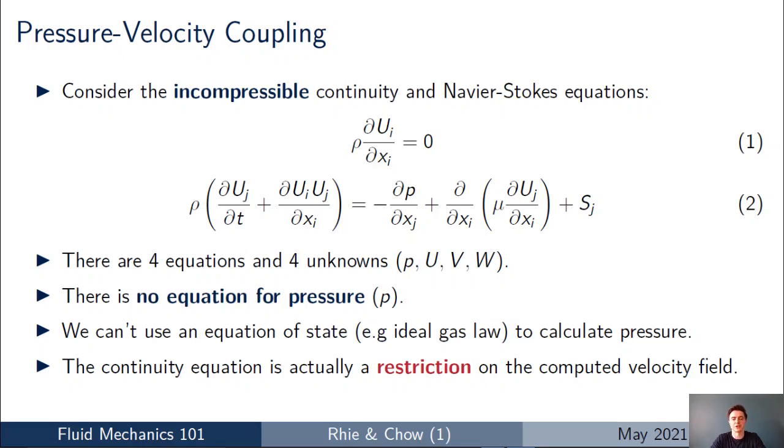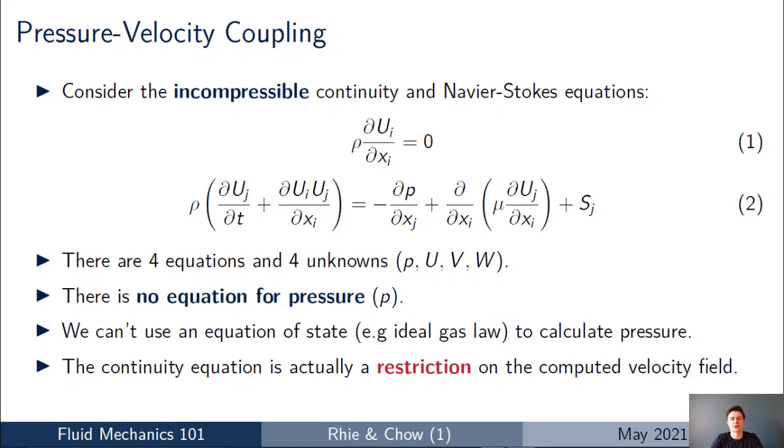So we've got 4 equations and 4 unknowns, and the equations are of course coupled together, but there are some difficulties in the incompressible continuity and Navier-Stokes equations when we try to solve them. The primary difficulty is, if you look closely at the equations, there isn't actually an equation for pressure. What we've actually got is the 3 momentum equations provide 3 equations that we can solve for u, v and w, and then the solution to those equations, u, v and w, has to satisfy the continuity equation.